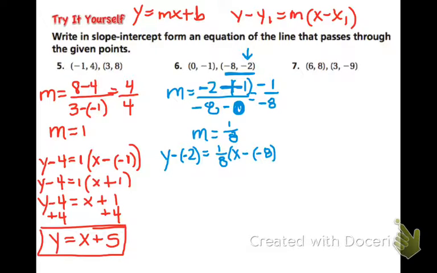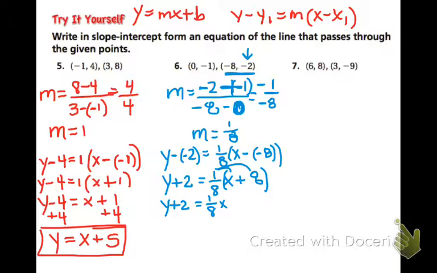Now let's take care of some of these double negatives here. So minus a -2 is y plus 2. I have 1 over 8 x plus 8, and this is in parentheses, so I still have to distribute. Okay? So y plus 2 is equal to 1 over 8 x.